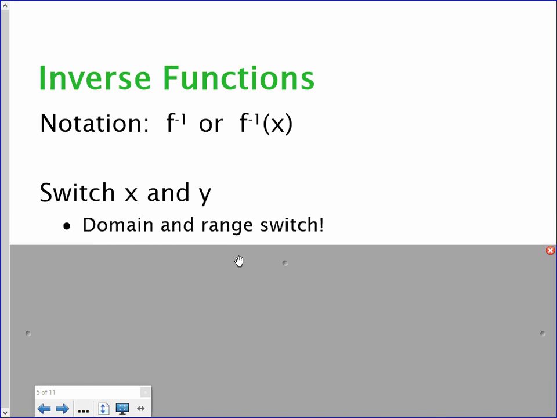So I would make an extra note that we're going to be paying careful attention to, and that is our domain and range also switch. So the domain of the original function becomes the range of your inverse function. The range of the original function becomes the domain of your inverse function.